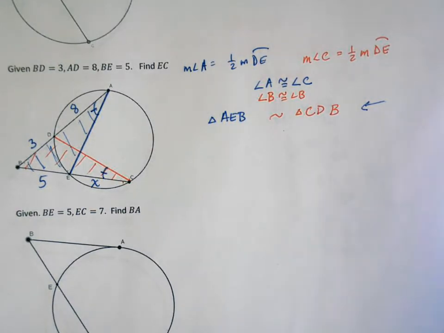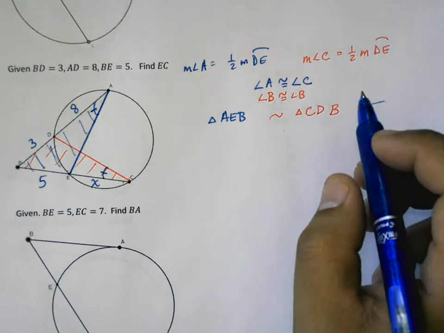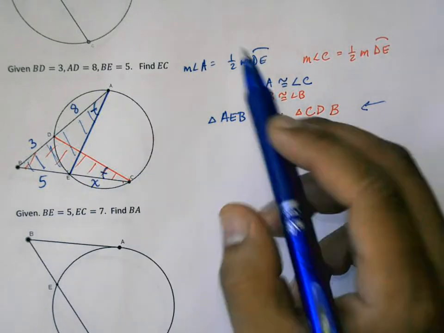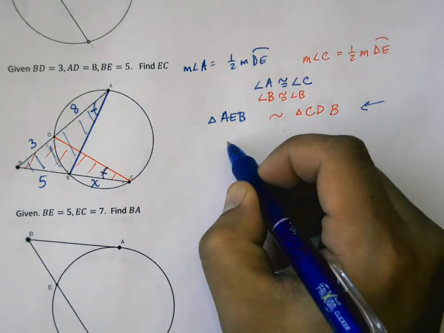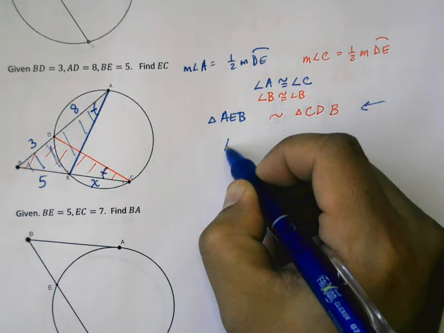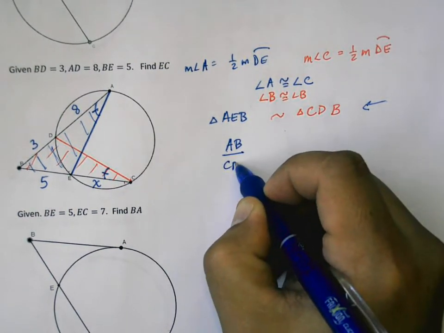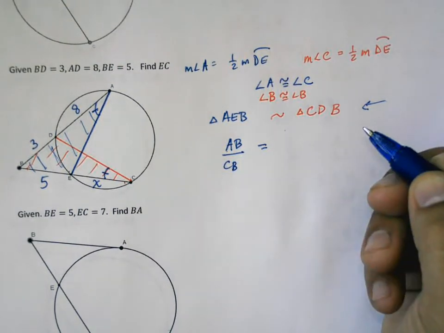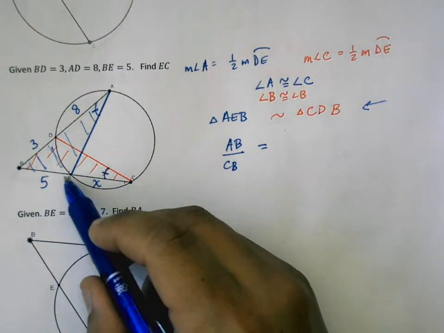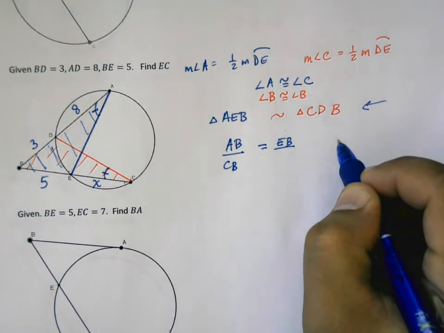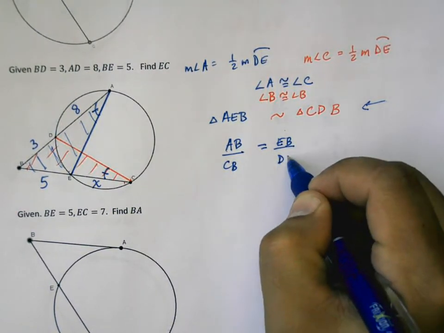So we're going to set up some proportions. We're going to need to use A. We don't want to use AE because we don't know anything about it. Rather, what we're going to use is AB, and that corresponds to CB. And then we're going to use EB, and that corresponds to DB.